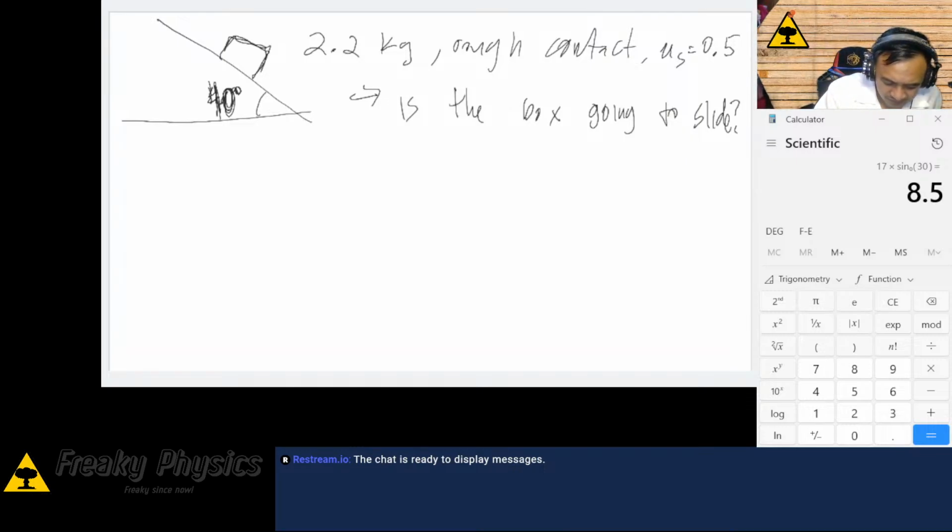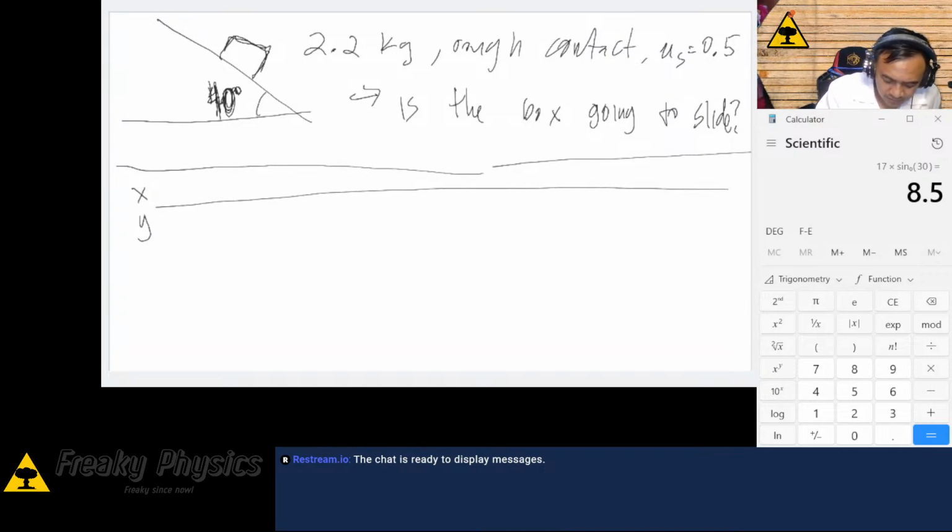You said before you already set up your table, right? So I'm gonna do that here: x and y, then frictional force. You used R, so I'll use R, and then W, and then sum of forces.